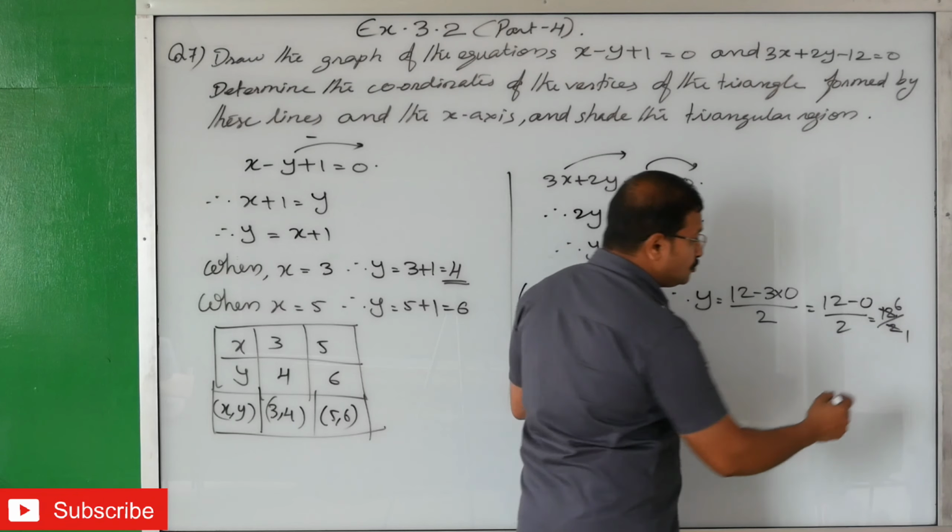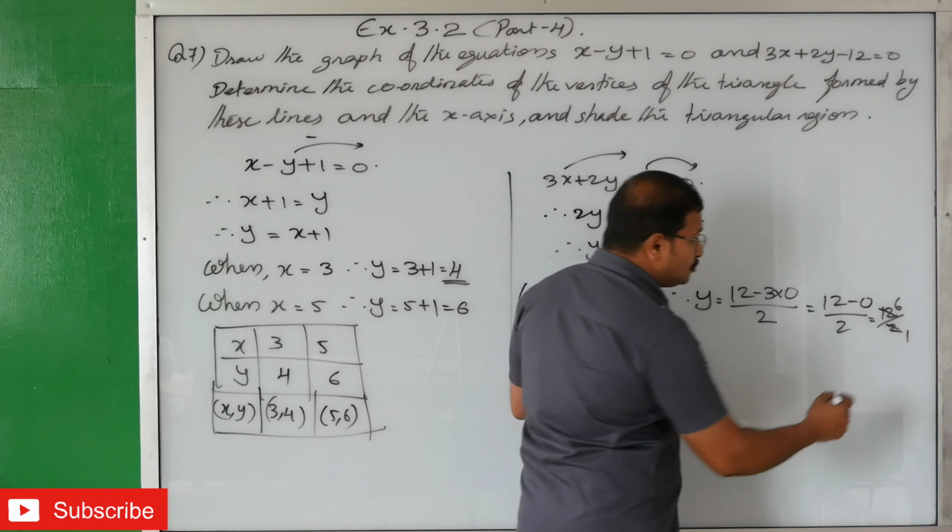So we will go for the second table. First x, y, after that the coordinates. X is 0, that time we got the value of y as 6. So the coordinates are 0, 6. After that x we took 4, that time we got y as 0, the coordinates are 4, 0. Now, we will do it on graph paper.